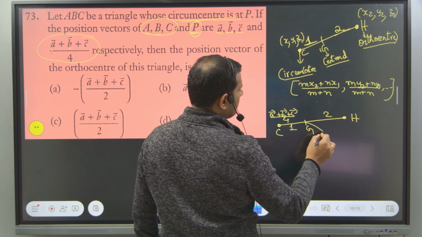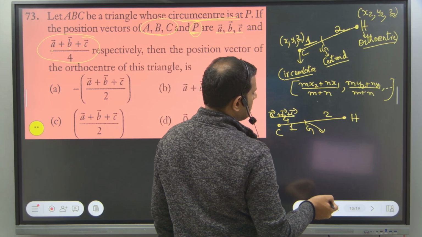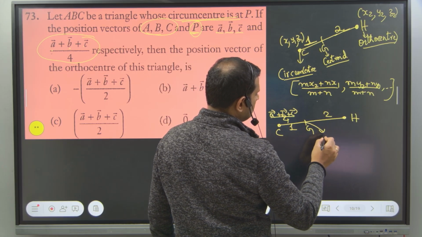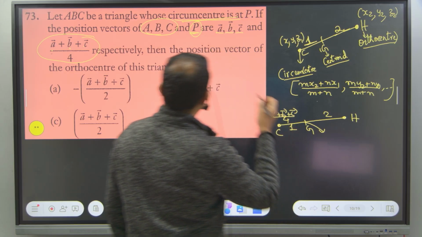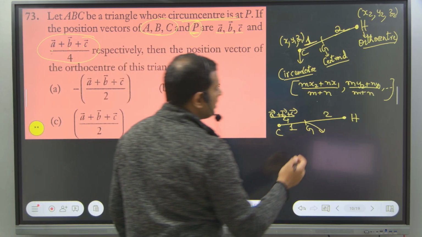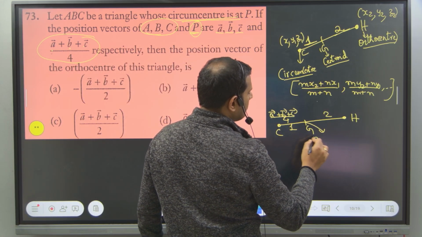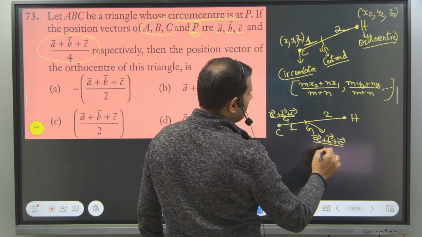Can you tell me what is the coordinate of the centroid? Last question only we solved. If A, B, C are the vertices of the triangle, what is the centroid formula? Vector A plus vector B plus vector C divided by 3.